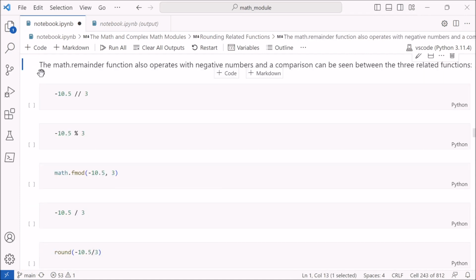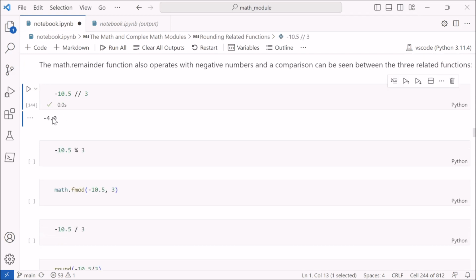So the math.remainder function also works with negative numbers, and a comparison can be made between the following functions. First of all, if we integer divide minus 10.5 by 3, 3 3s are 9, and then there is 1.5 left. Because this is negative, you're actually going down to the previous negative integer.